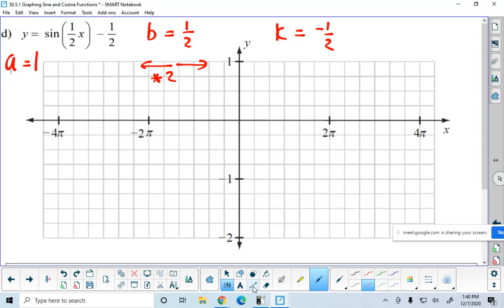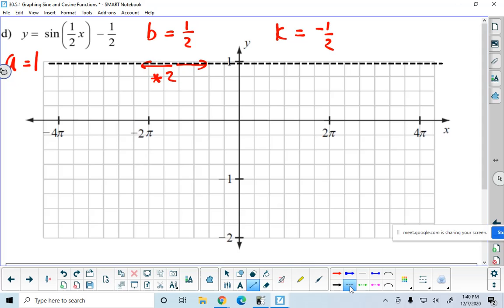I draw in my grid lines, my guidelines, for y equals sine of x. And then I move them based on the vertical stretch. So if there was a vertical stretch, then I would move those two lines closer to the x-axis or both further away from the x-axis. But since A is 1, there's no vertical stretch, so that's where the grid lines would be.